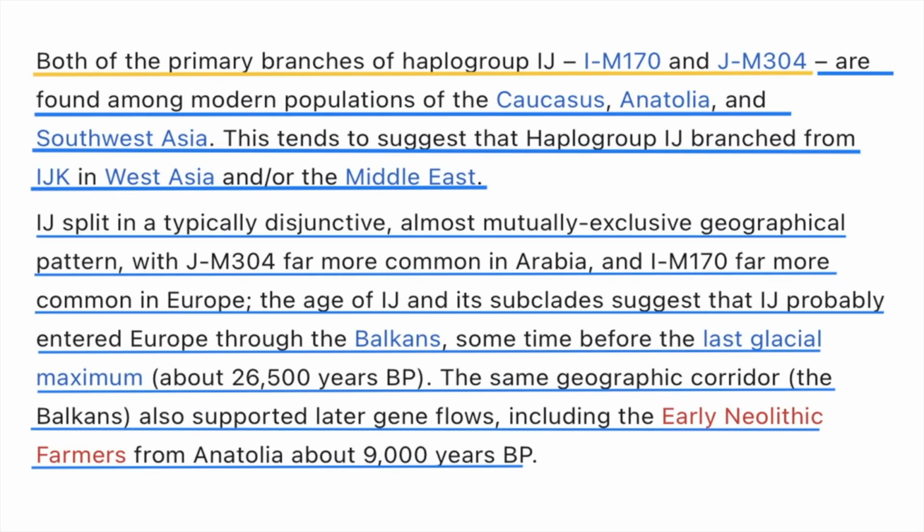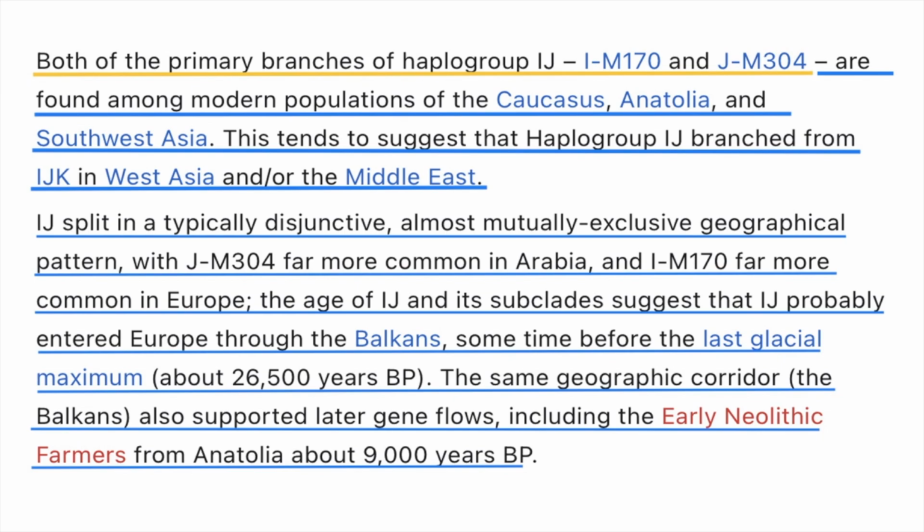Both of the primary branches of haplogroup IJ, I-M170 and J-M304, are found among modern populations of the Caucasus, Anatolia, and Southwest Asia. This tends to suggest that haplogroup IJ branched from IJK in West Asia and/or the Middle East.